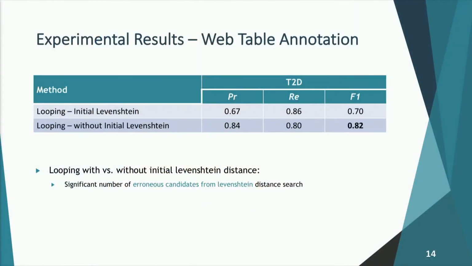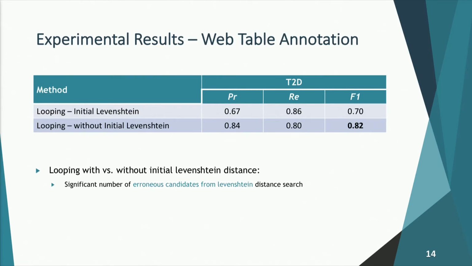And also, we ran an experiment as an extension of this looping method. So we ran once the looping method by initially having the Levenstein candidates. So we build the looping graph.